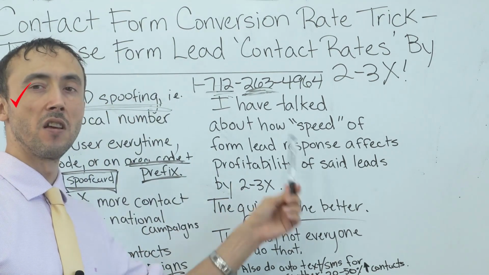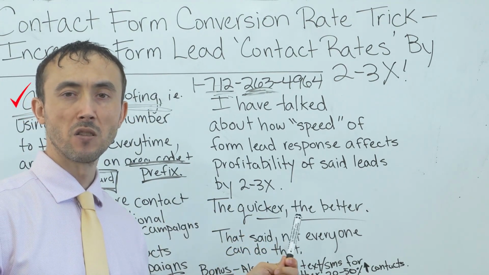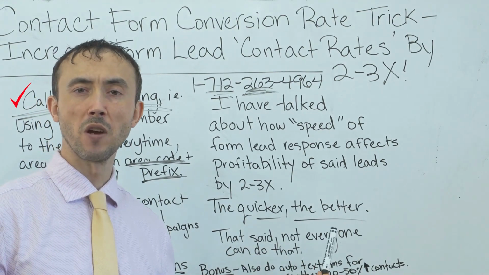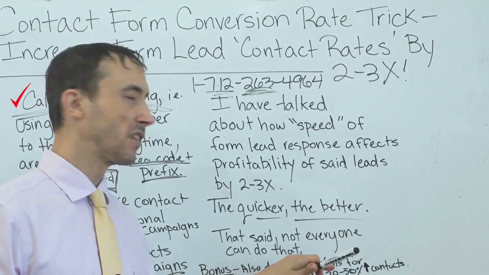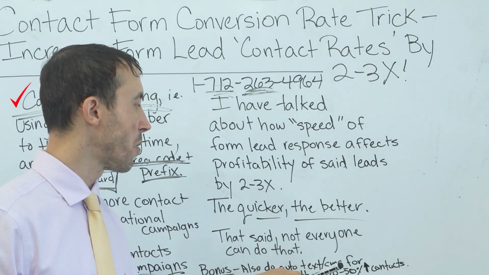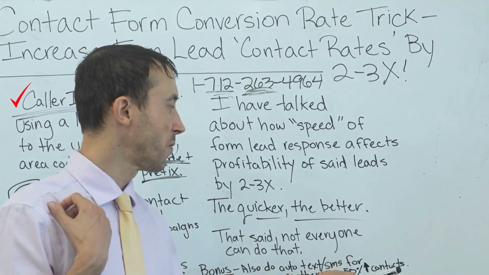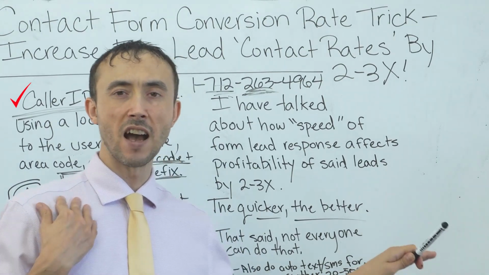If you want even higher response rates from the form leads you got, go ahead and do an auto text / SMS for all the form leads you have, for another 20 to 50% higher increase in contact rates.